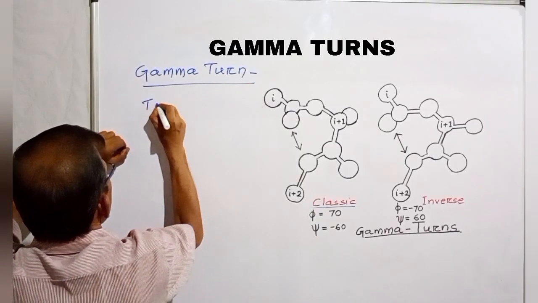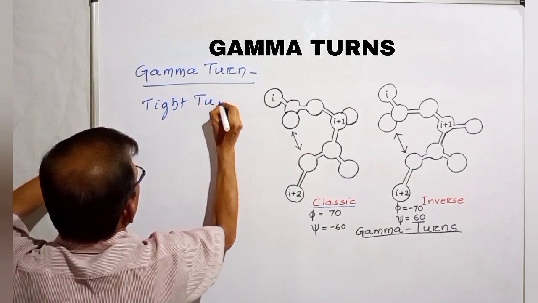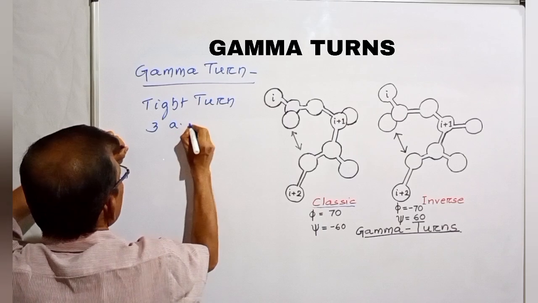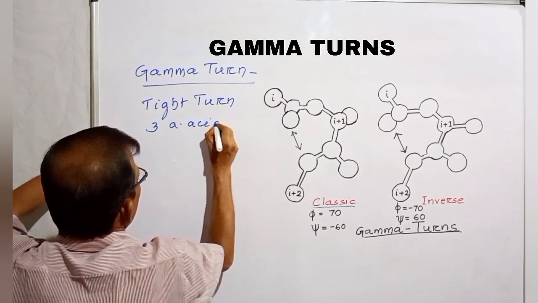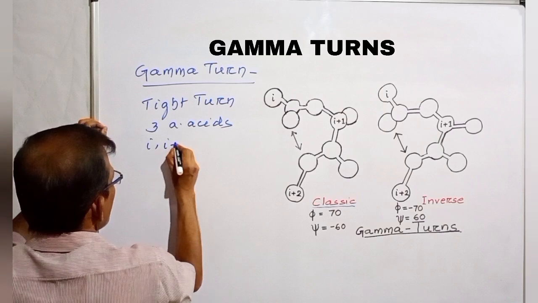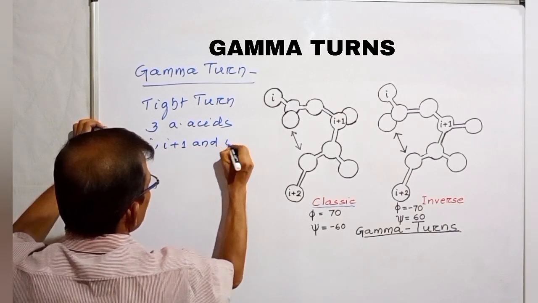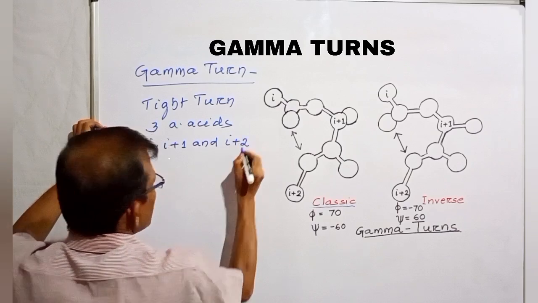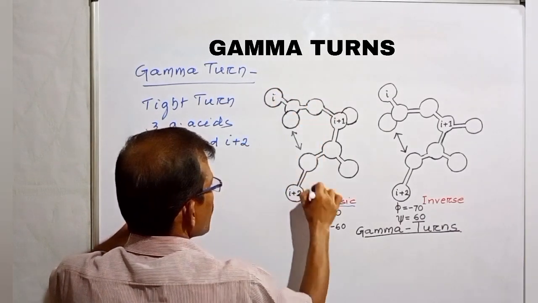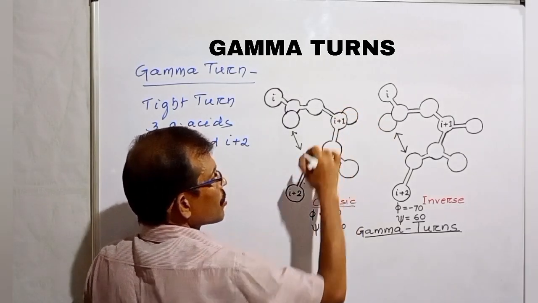Gamma turn is a tight turn. It consists of three amino acid residues which are labeled i, i plus 1 and i plus 2. In a gamma turn, the end residues are i and i plus 2, and the middle residue is i plus 1.